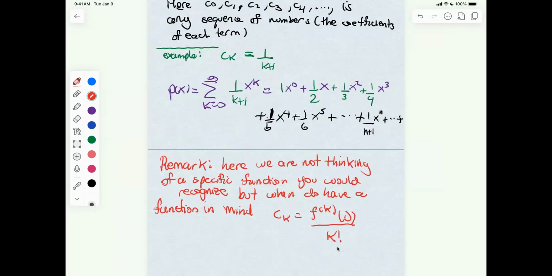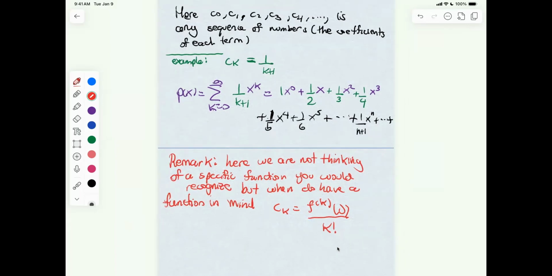I just wrote a sequence that looked nice enough, because there are many things you can say about this stuff even before having a function in the back of your head.